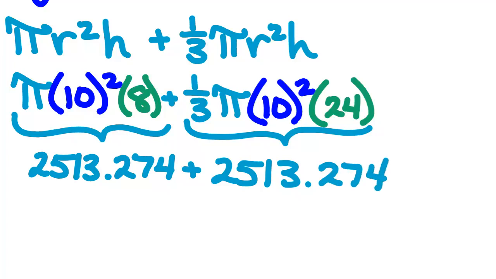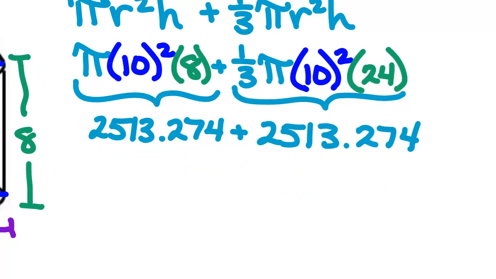By chance, we got the same thing twice. They had different heights, and that's part of why they came out to be the same, because one of them has that 1/3, the other one doesn't. But they did come out to be the exact same number.